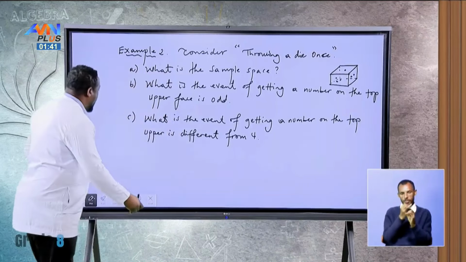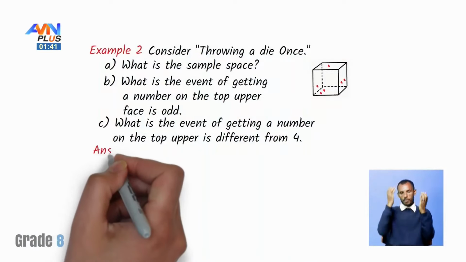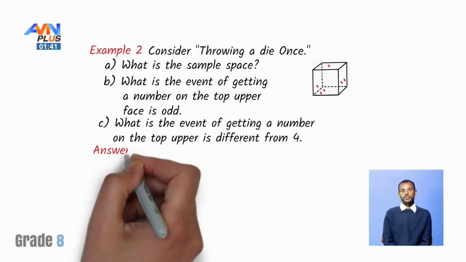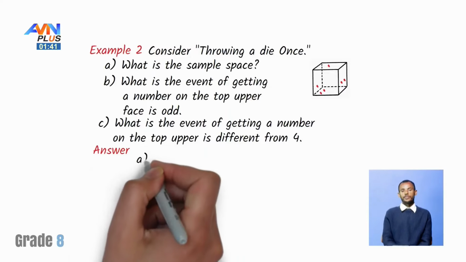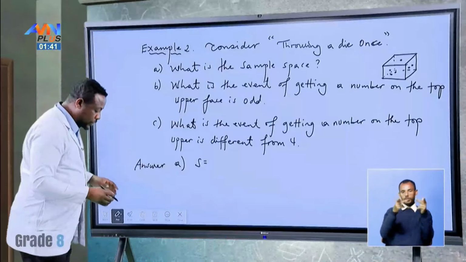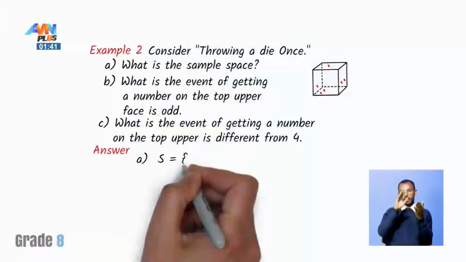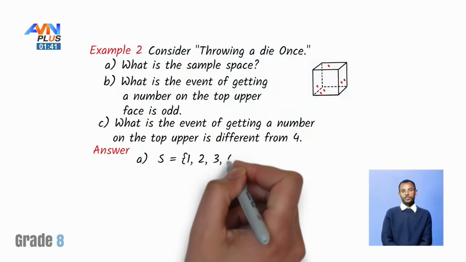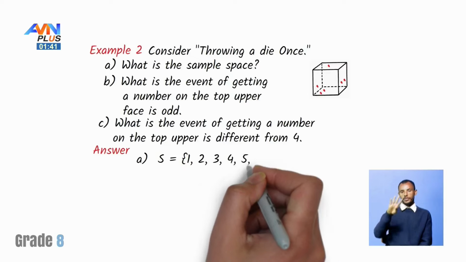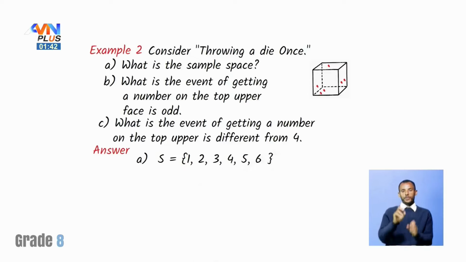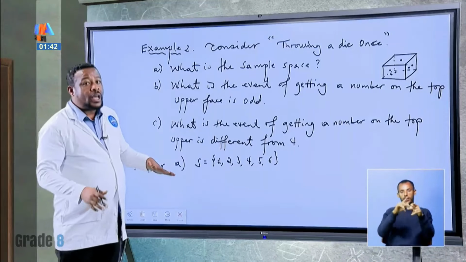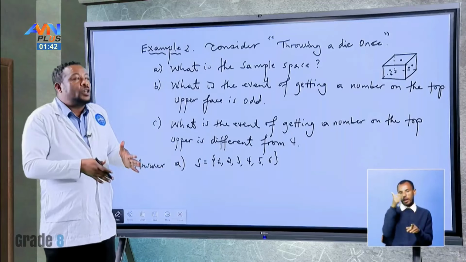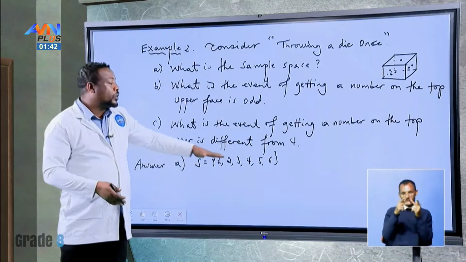So for part A, our sample space will be a set containing numbers 1 up to 6: 1, 2, 3, 4, 5, 6. So this is the sample space. We don't have any other options. You cannot observe anything out of this.